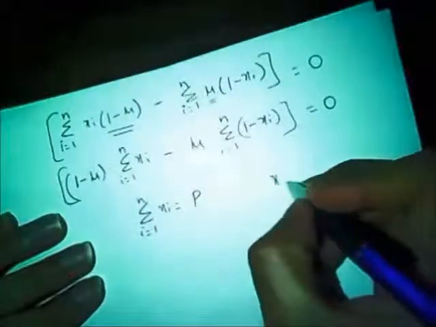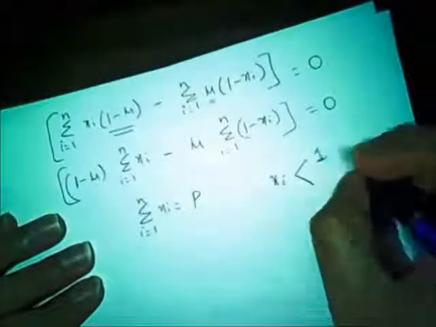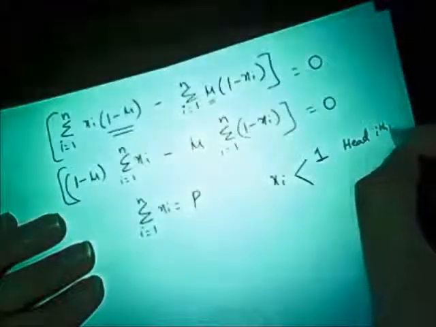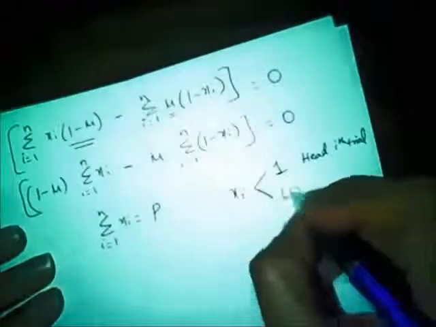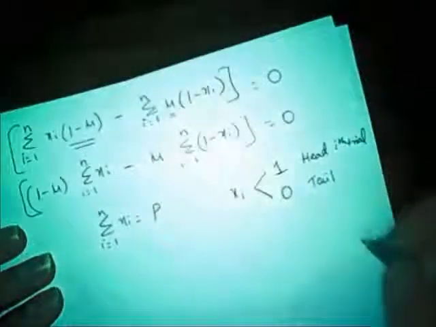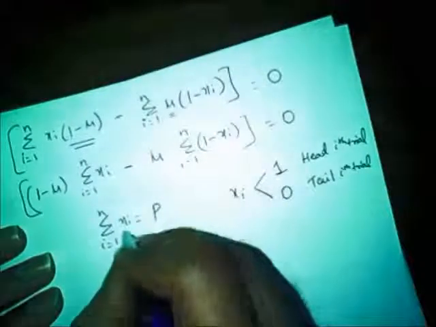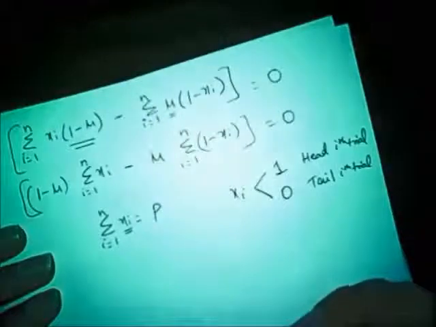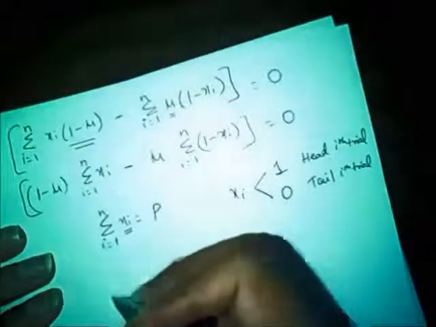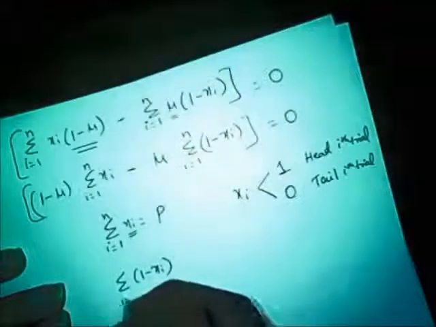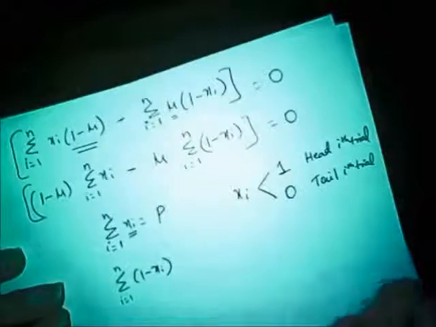If you recall, you would know that xi would be 1 if I obtained a head on the ith trial, or it would be 0 if I obtained a tail on the ith trial. So sigma xi is nothing but the total number of heads that you have obtained from trial 1 until trial n, and sigma 1 minus xi would be the total number of tails that we obtained in the n trials.